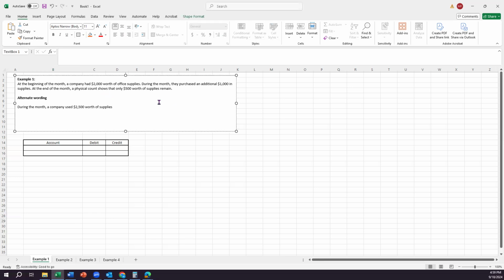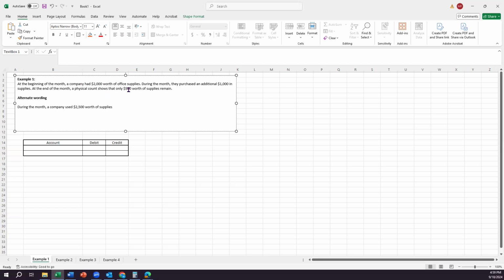So this is an adjusting entry for the amount of supplies asset we've used up and we want to claim as an expense. So they present it this way. So we have to say, okay, we had 2,000 at the beginning. We added another 1,000, which means then we had 3,000 that were available. And then at the end of the month, we only had 500.